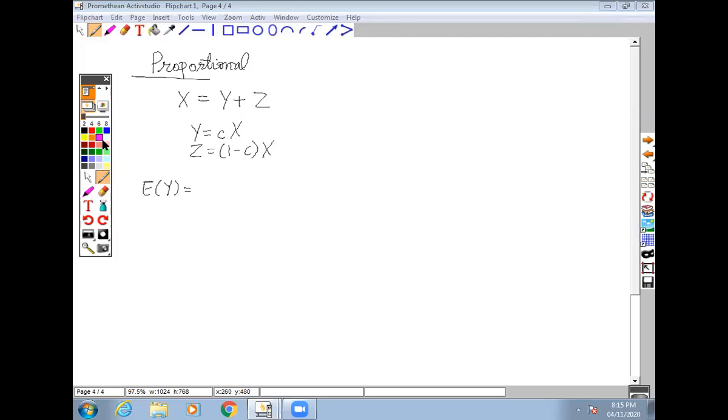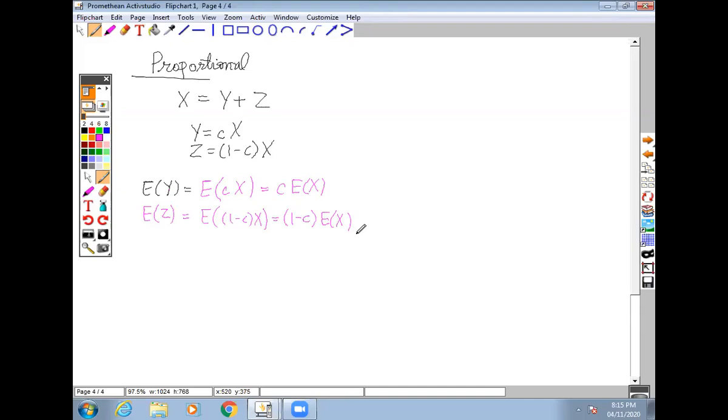C times the expected value of X. Exactly. I will replace Y with CX, and C being a constant will just come out, and it will be the expectation of X here. And for the expectation of Z, what will I have? The expectation of 1 minus C times X, and this again being a constant will come outside.